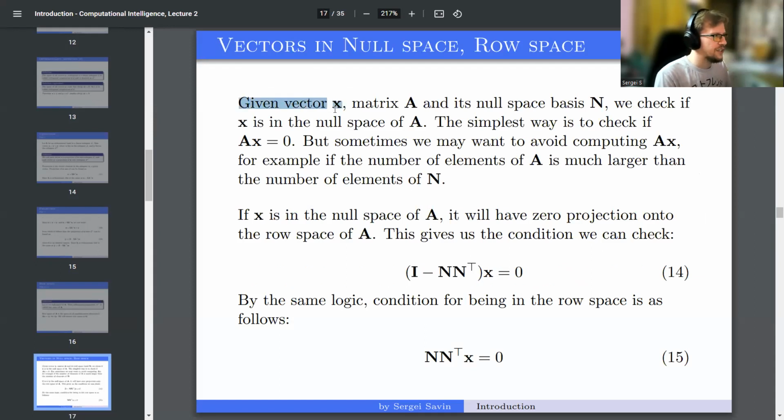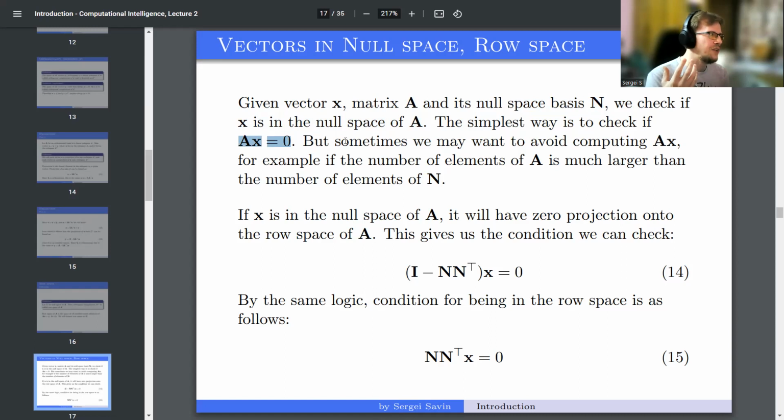So given vector x, matrix A, and the null space basis N, we can check if x is in the null space of A. The simplest way to check is to just write it as Ax equal to 0. Sometimes we don't want to compute Ax. Why?